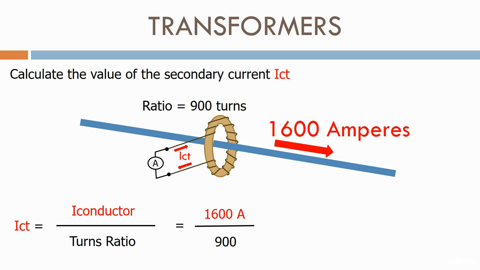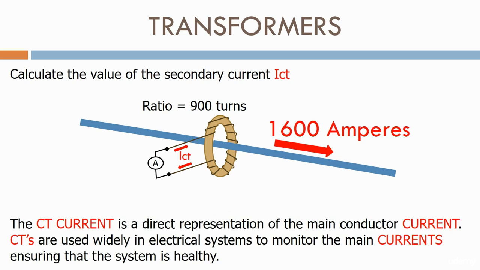From above, this equals 1600 amps divided by 900, equals 1.77 amps. The CT current is a direct representation of the main conductor current. CTs are used widely in electrical systems to monitor the main currents, ensuring that the system is healthy.